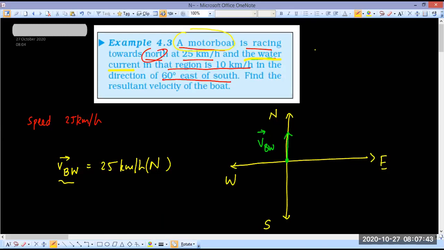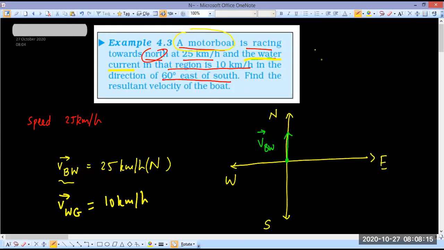So let's write that flow of water means water current VW, but that is with respect to ground, because when we say water is flowing, ultimately the flowing of water is with respect to ground. When we say a river flows, that is with respect to ground. So this VWG is given to be 10 kilometer per hour, in a direction 60-degree east of south.